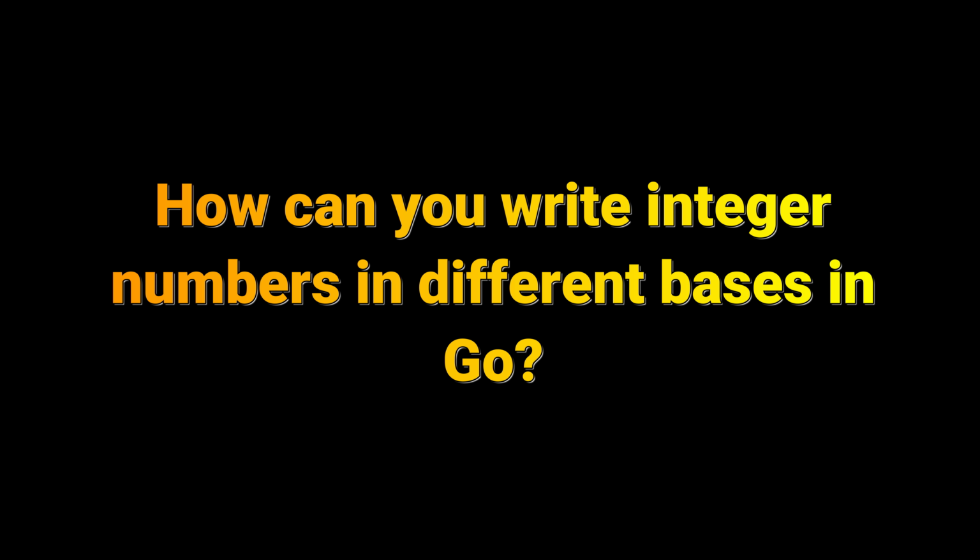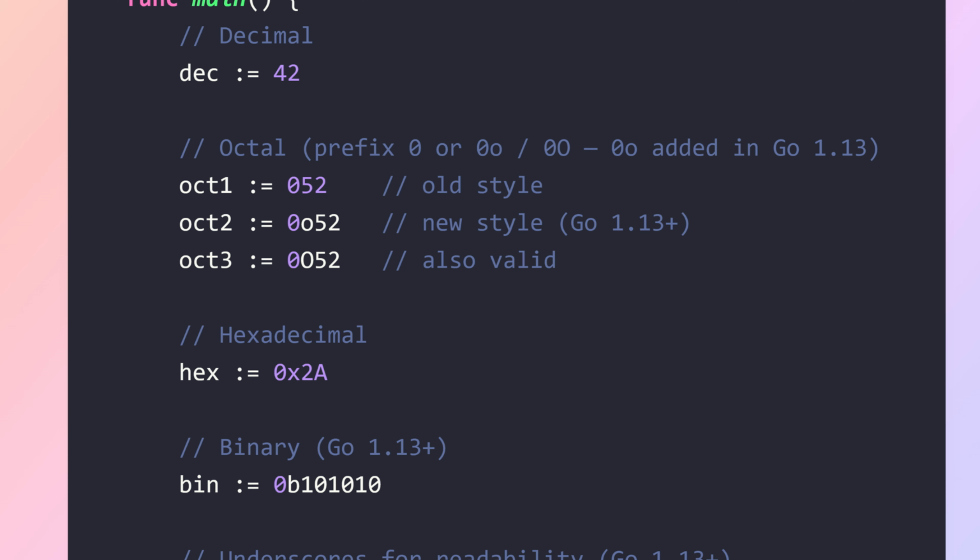Question: how can you write integer numbers in different bases in Go? Answer: in Go, you can write integer numbers in different bases. For example, you can write numbers in decimal, like 42. Octal numbers can be written with a leading 0, like 052, which became clearer and recommended in Go 1.13. Hexadecimal numbers use 0x, for example, 0x2a.